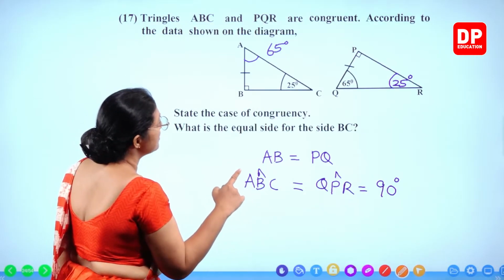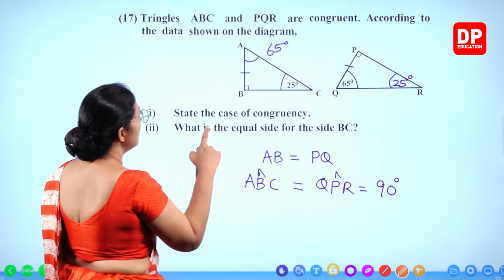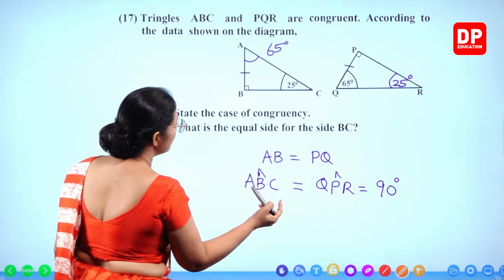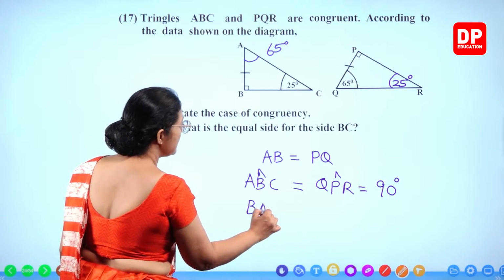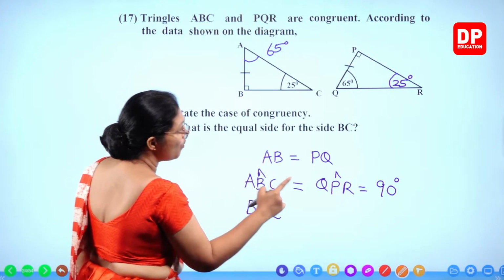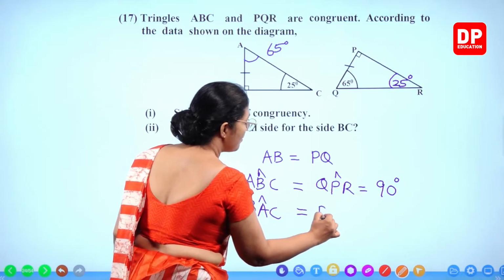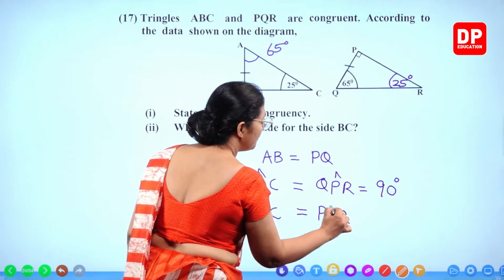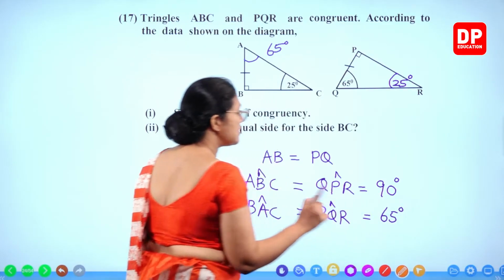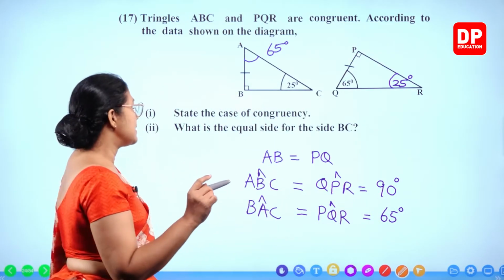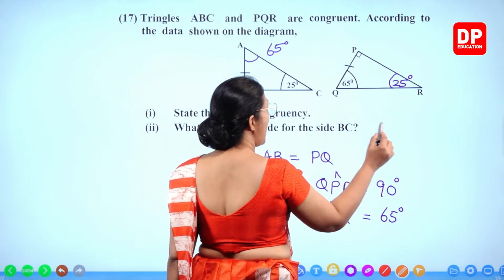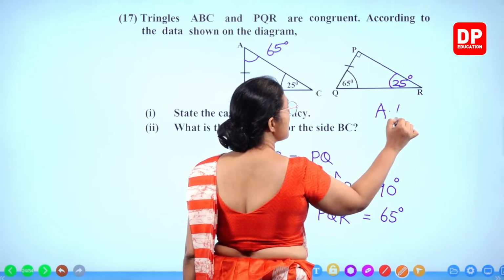And then you can see BAC angle is equal to PQR, that's 65 degrees. So 2 angles and one length. So what is the congruency case? Angle, angle, side.